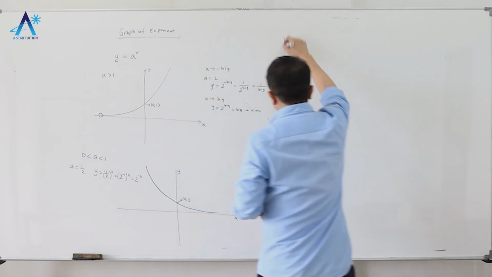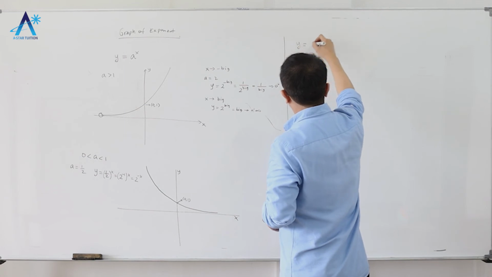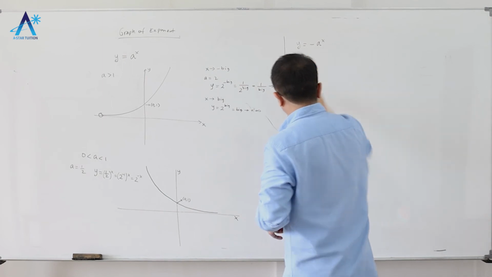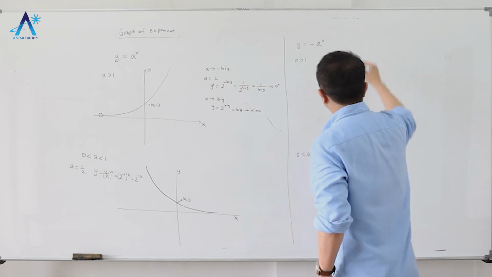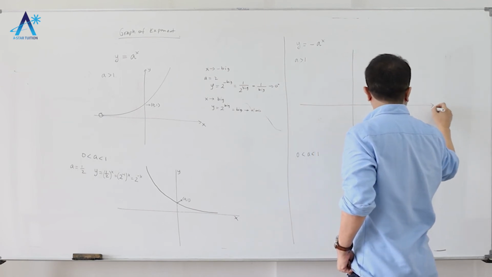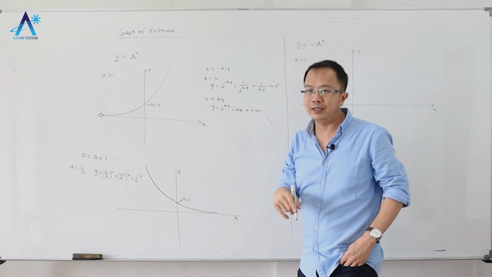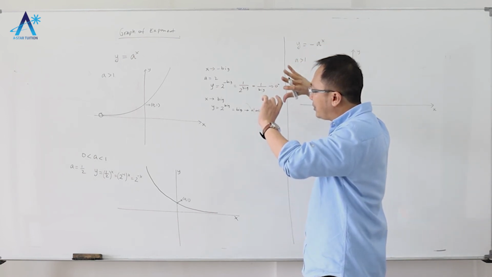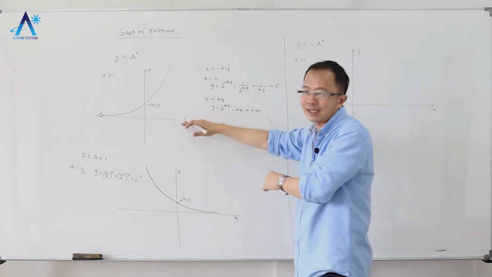Moving forward, we will also discuss two additional graphs of y equal to negative a power x for the case of a greater than 1 as well as a in between 0 and 1. The negative preceding the function here will reflect the original function by the x-axis.